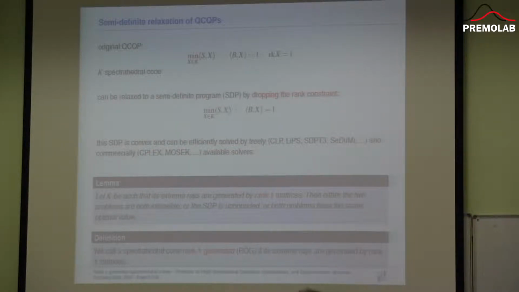So if the spectrahedral cone is actually generated by rank 1 matrices, then we will always get the right result. So we make a definition, and we say that a spectrahedral cone whose extreme rays are all rank 1 is rank 1 generated. So this class of spectrahedral cones, which are nice for the solution of the quadratically constrained quadratic problem, will be the subject of the talk.